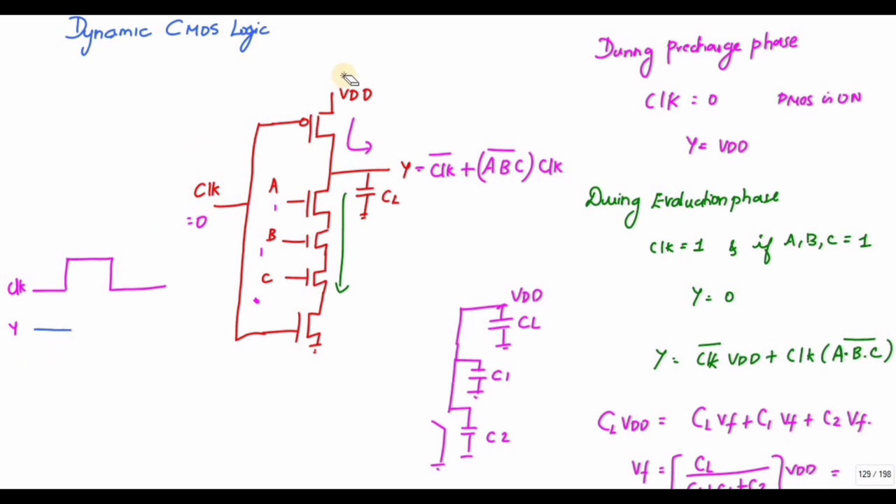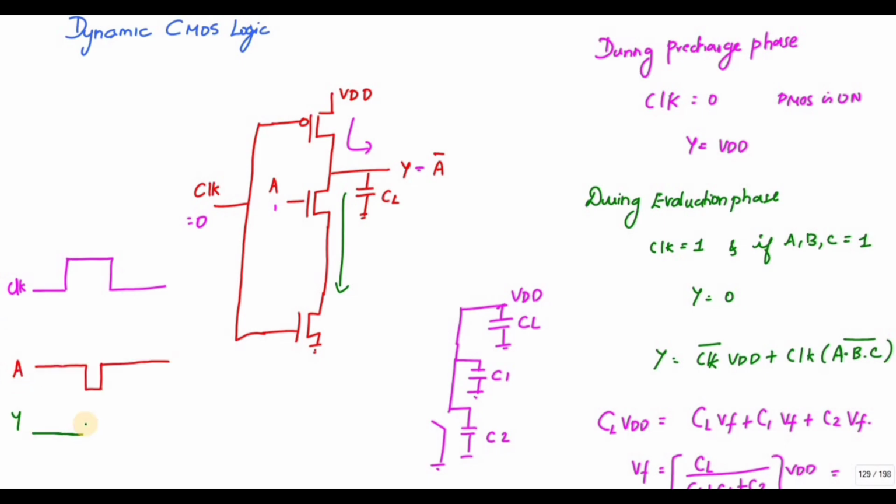Suppose I connected only A. What will happen? This is nothing but A bar; only A bar I should get, right? So consider this A, and I can draw it like this.